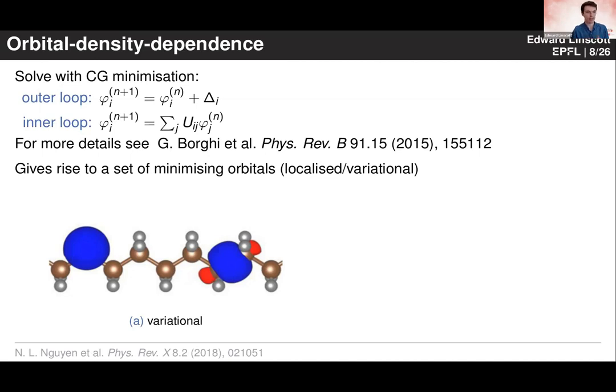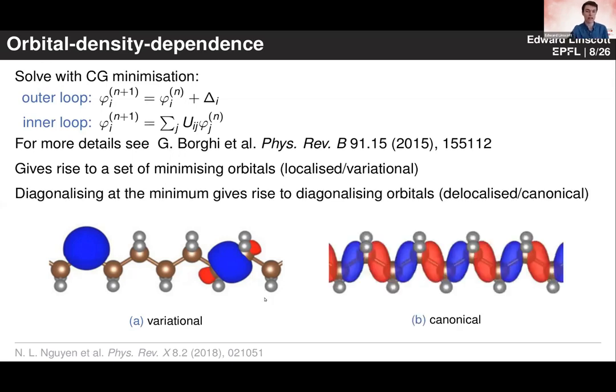Now contrast this to what would happen if we take our Hamiltonian at this energy minimum and diagonalize it, and look at the orbitals that diagonalize it, these diagonalizing orbitals. If we do this, then we get these so-called canonical orbitals. And these are very delocalized.